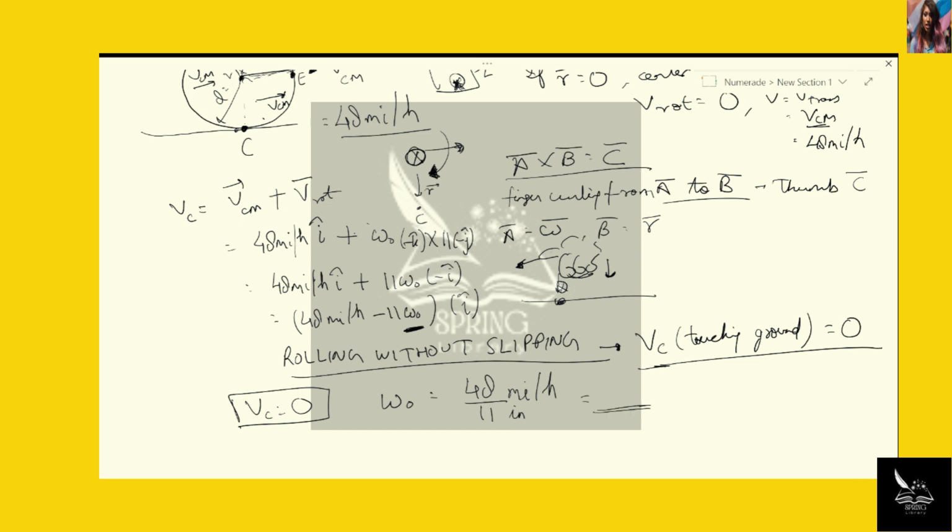So how much is 48 miles in inches? Let's just quickly calculate that. One mile is 63,360 inches. So 48 miles, 1 mile, as I said, is 63,360 inches, divided by 11 inches.